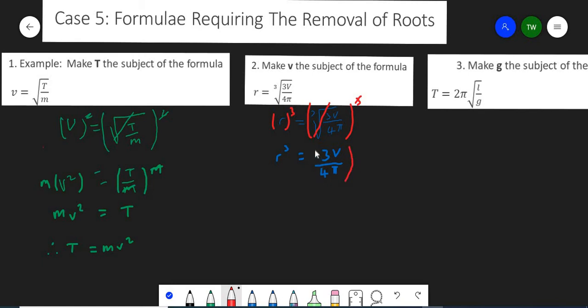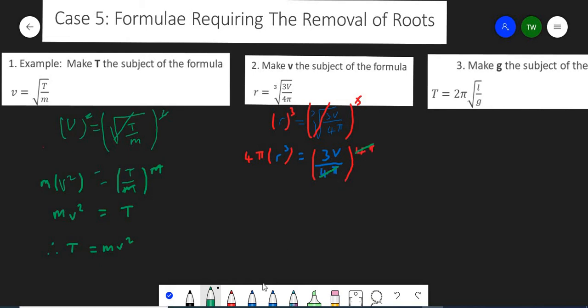We're going to multiply this side by 4 pi. We're also going to multiply this side here by 4 pi. Right? What will happen is that 4 pi here in the denominator will cancel out 4 pi here in the numerator.